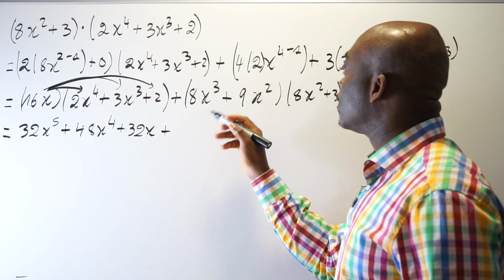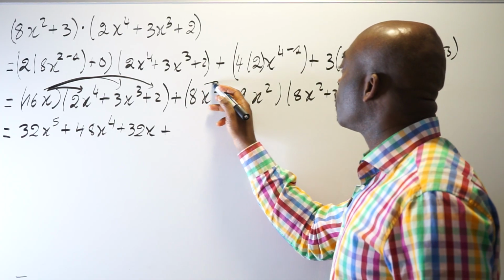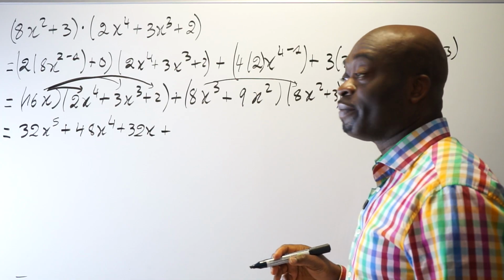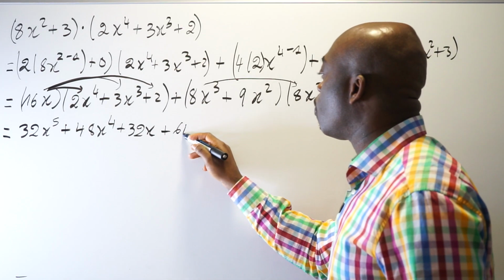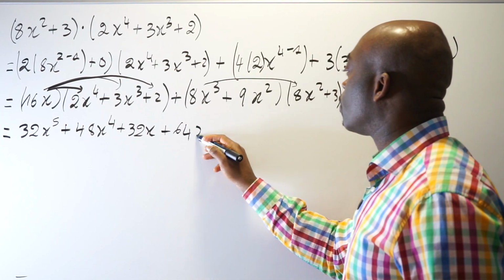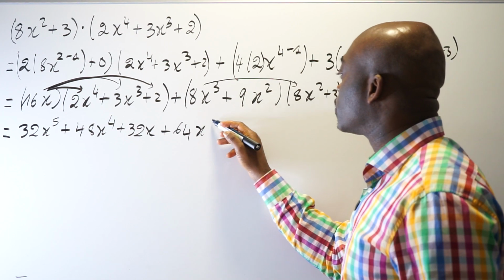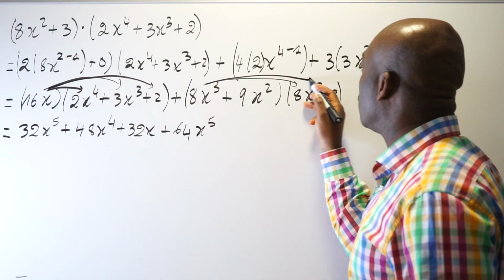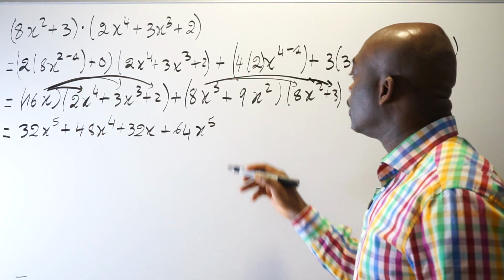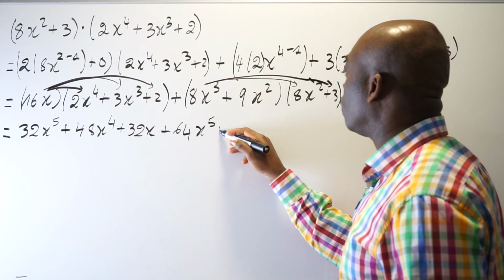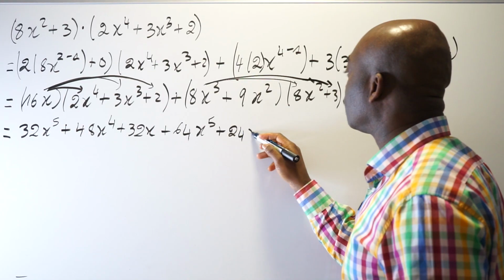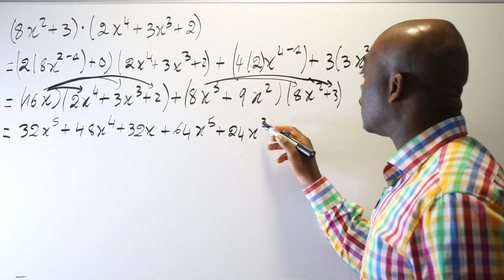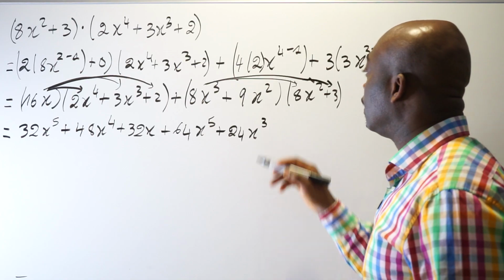For this one, 2 binomials, we have 8x to the third power times 8x to the second power. 8 times 8 is 64, and then 64x to the power 3 plus 2, which is 5. Then the same multiplied by 3: 8 times 3 is 24, so plus 24x to the third power.